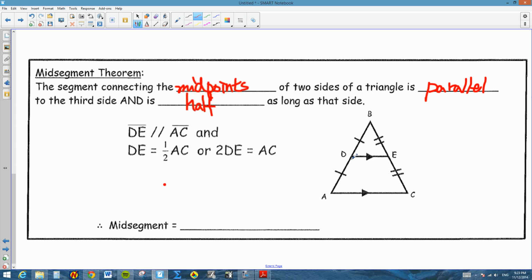Which means if these are midpoints, BD is congruent to AD and BE is congruent to EC.